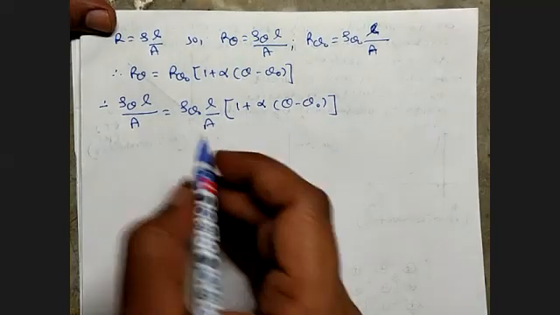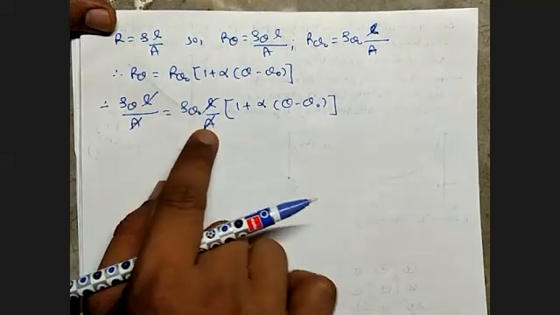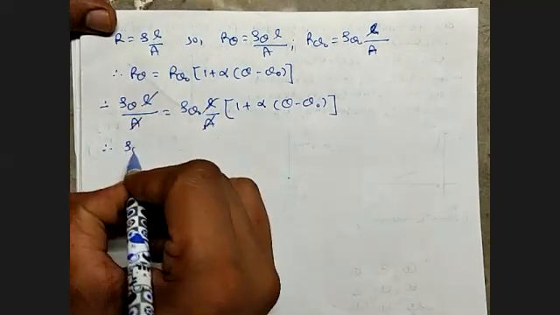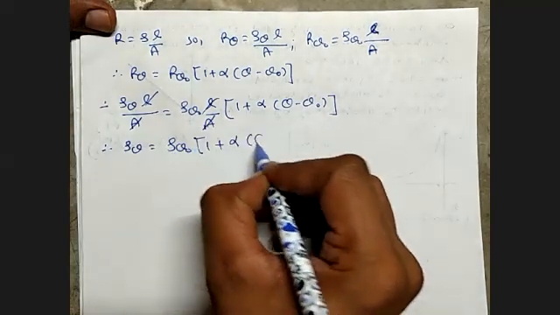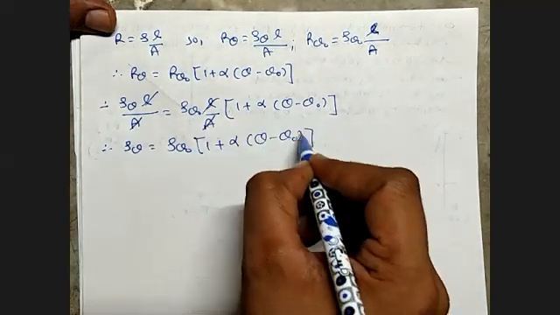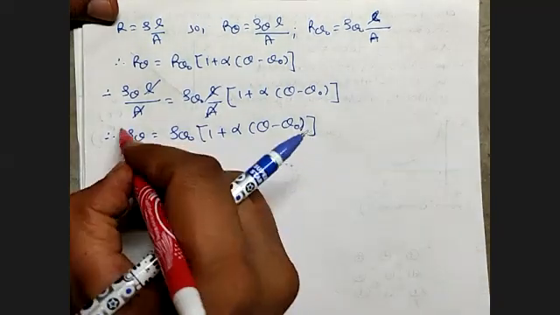For one particular conductor having the same length and same area, rho theta is equal to rho theta 0 times 1 plus alpha into theta minus theta 0. That is a new equation.